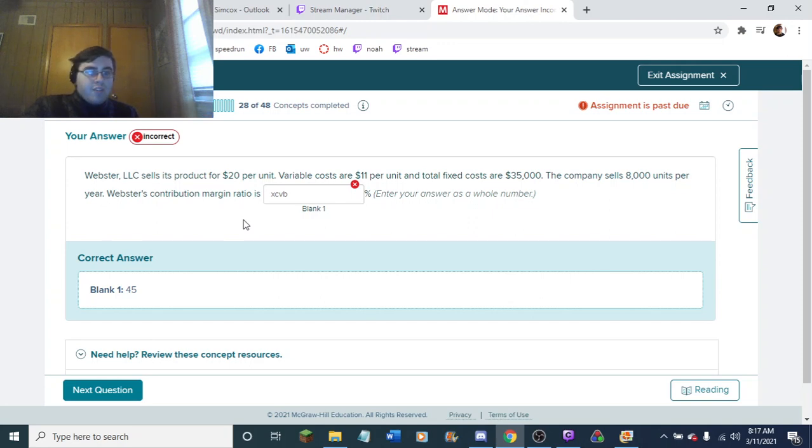So 20 minus 11 is equal to 9. 9 times 8,000 is 72,000. Wait, what? That doesn't make sense. Oh wait, I'm stupid. Okay, 11 times 8,000 is that, and the fixed costs are 35,000.